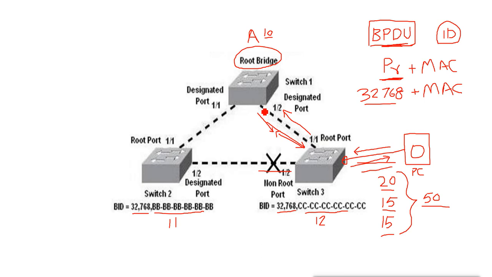They work based on how they can reach the root bridge, and based on that they make decisions. If any topology changes happen, the root bridge is informed, and the root bridge will inform the other switches of these changes.